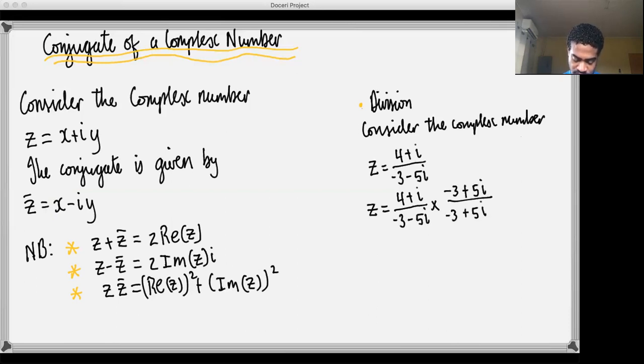You can see clearly the conjugate of this is this here, because look at the change in sign there. We multiply by the conjugate of the denominator in the denominator and in the numerator. And this whole thing here is the same as this, right? You can see it clearly because this by this is 1, and 1 by anything is itself.